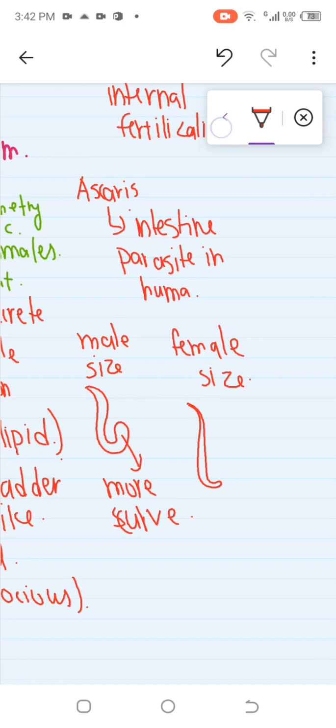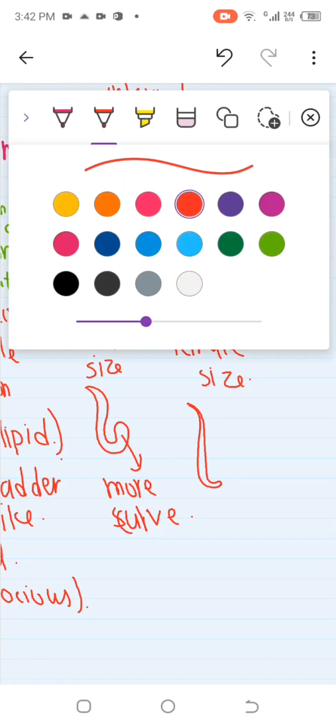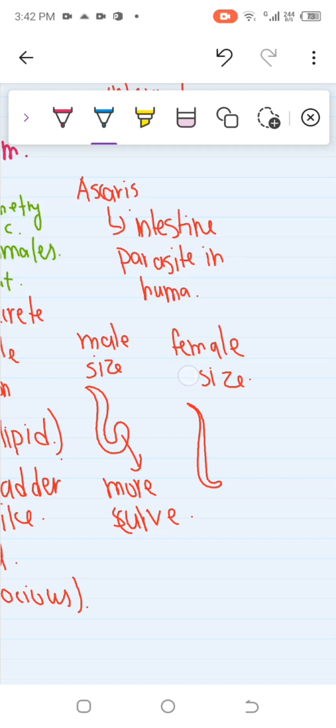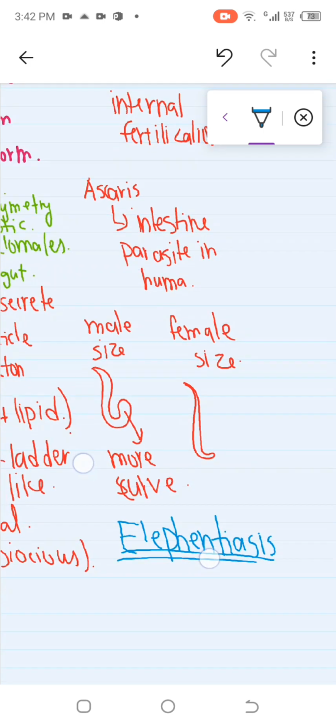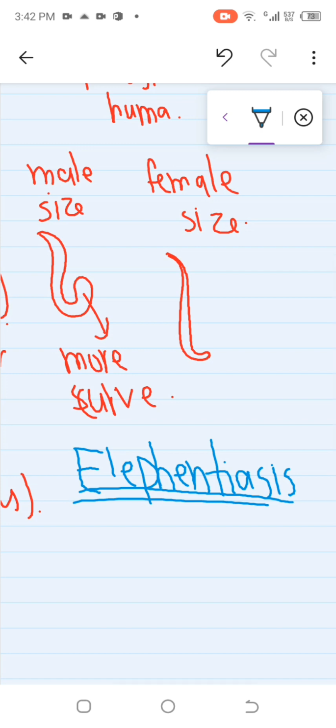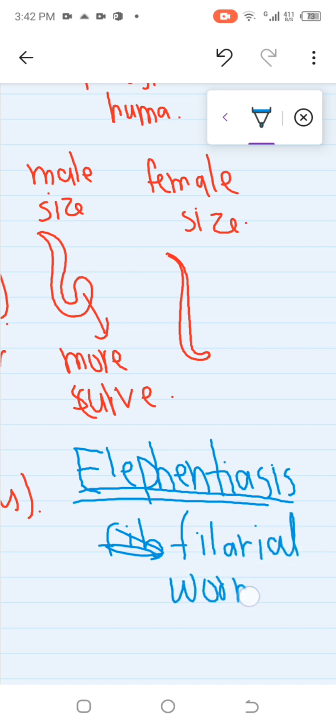Now another disease which is also mostly asked is elephantiasis. This is an infectious disease caused by an infection with nematodes, called filarial worms, and they infect the lymphatic system.